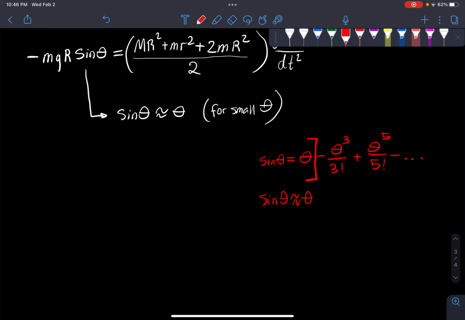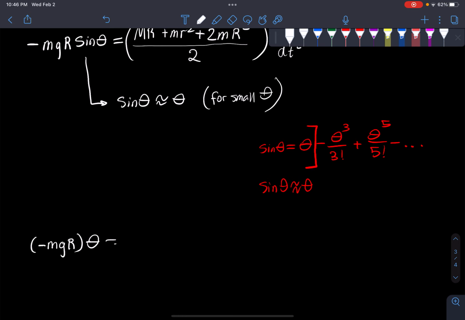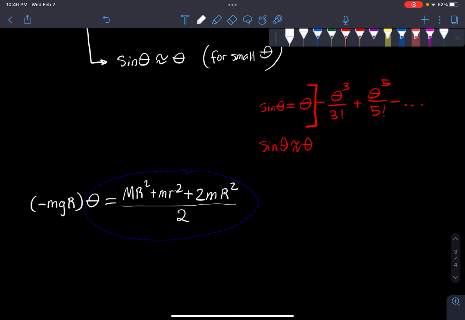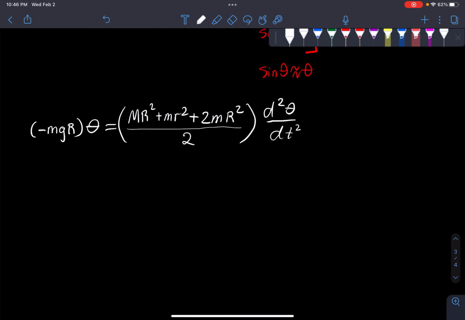Anyway, now we can rewrite this as negative mgr, and instead of sine theta we put theta, and that equals this times the second derivative of theta with respect to time. Now I'm going to divide both sides by this, which means multiplying by the reciprocal.